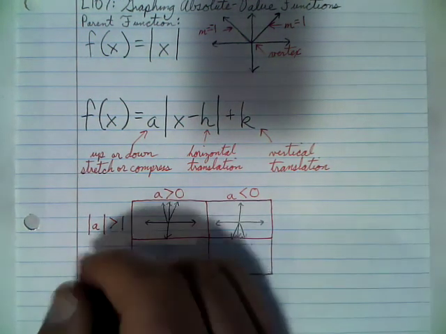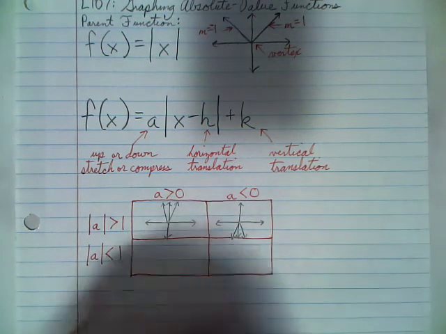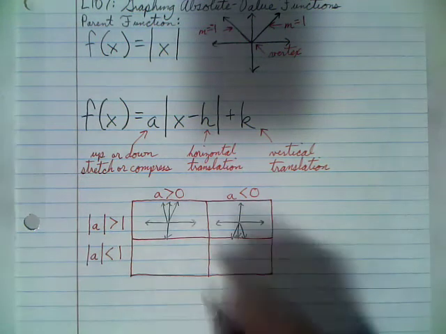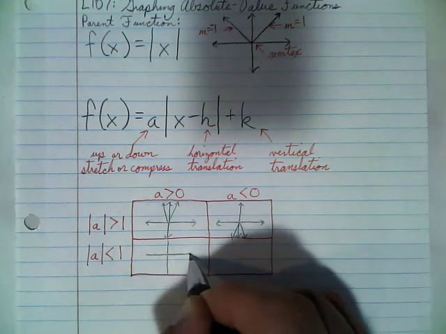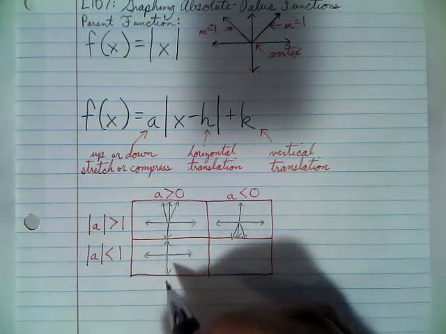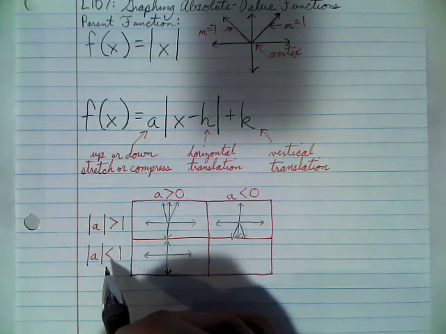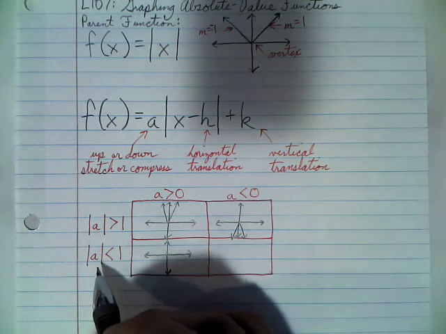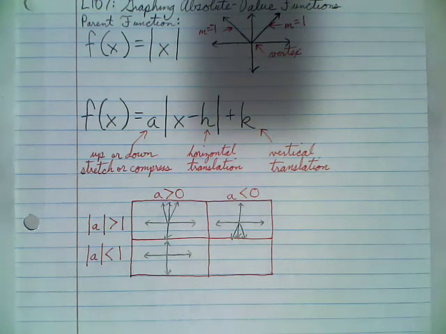On the other hand, if the absolute value of A is less than 1, well, first of all, it's going to have to be greater than 0. We don't want A to be 0. And we can only go up to 1. So somewhere between 0 and 1, those are all our decimals, all our fractions. If you take a decimal of something or a fraction of something, you're taking less of it.